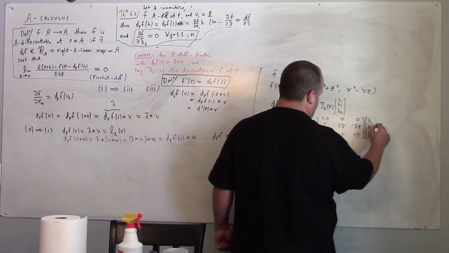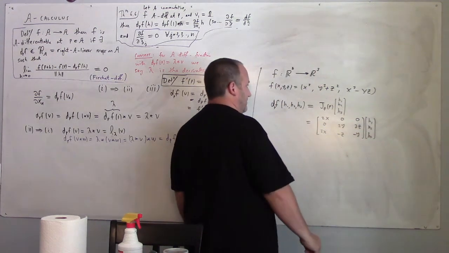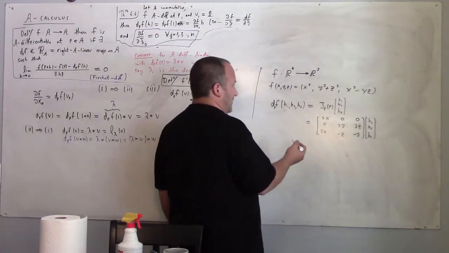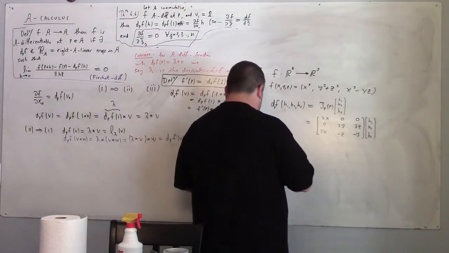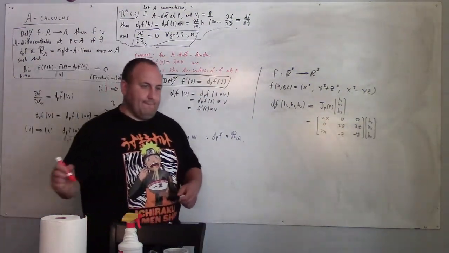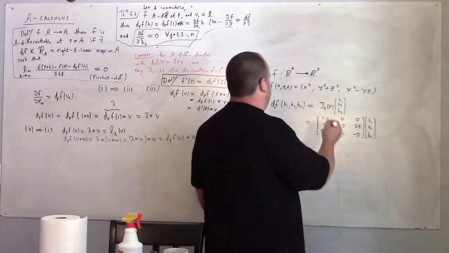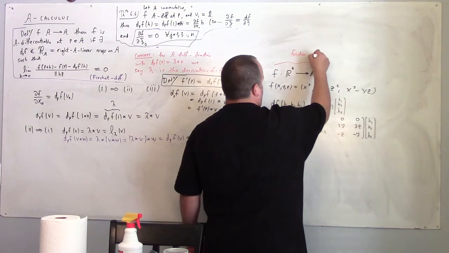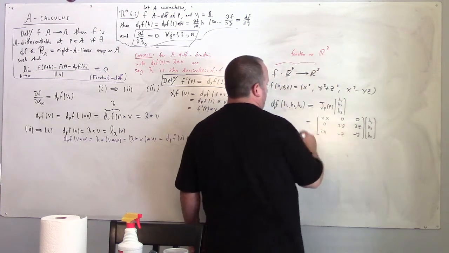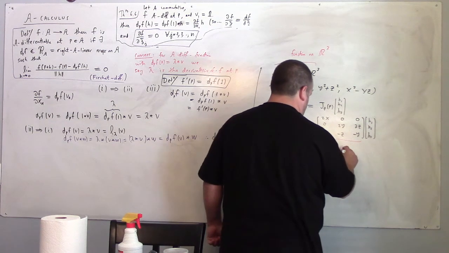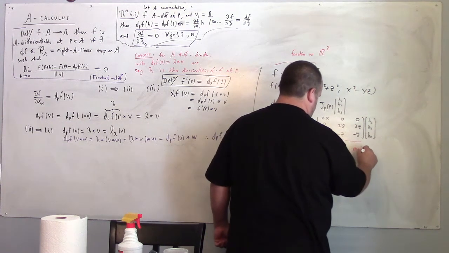So this is just a plain old function on R3, and this is the Jacobian matrix.